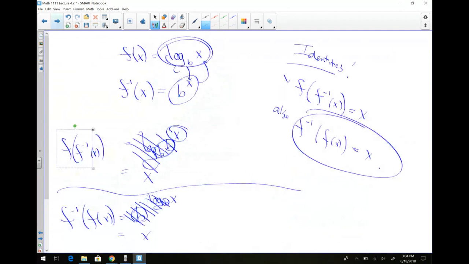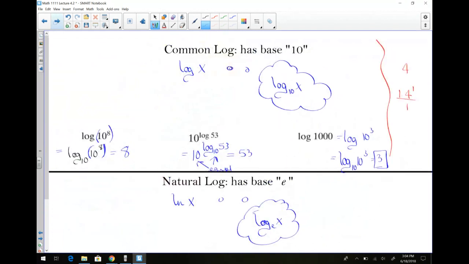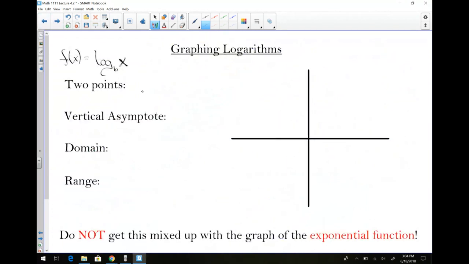So when we go back to this, writing this out, putting it on the proper slide, we've got the 2 points, 1, 0, and b, 1.